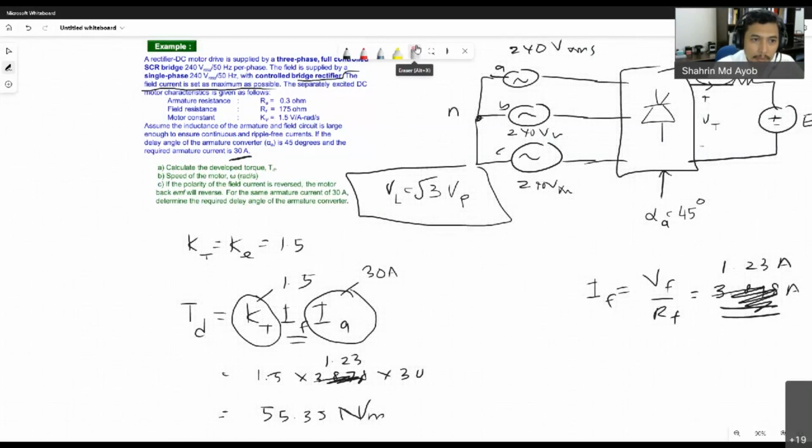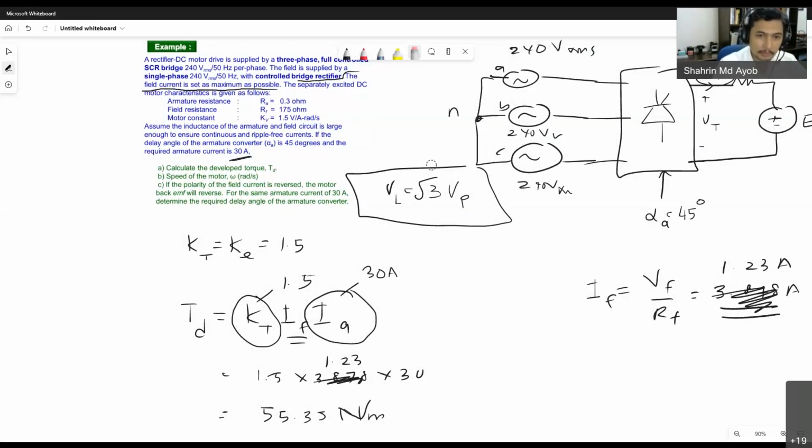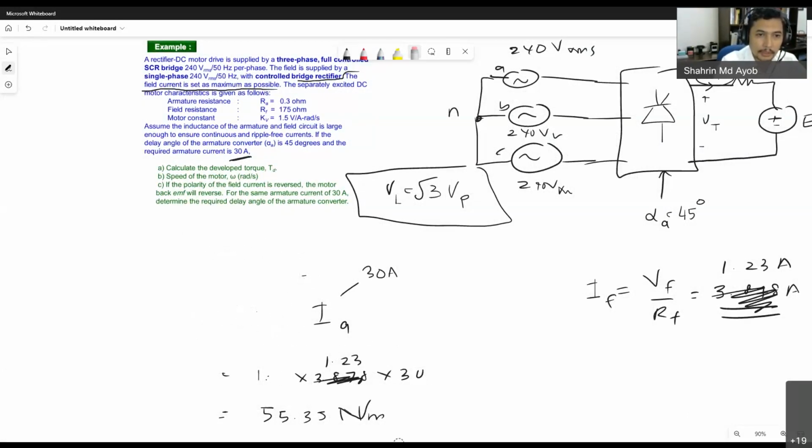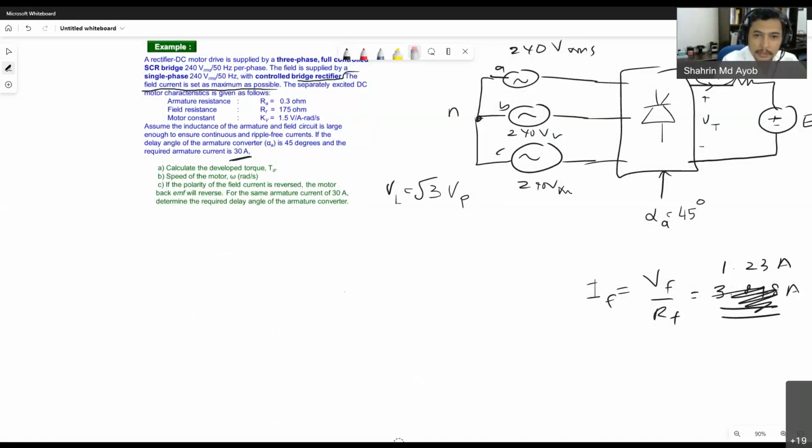If the polarity of the field current is reversed, okay. So very challenging. What happens when the polarity of the field current is reversed right now?